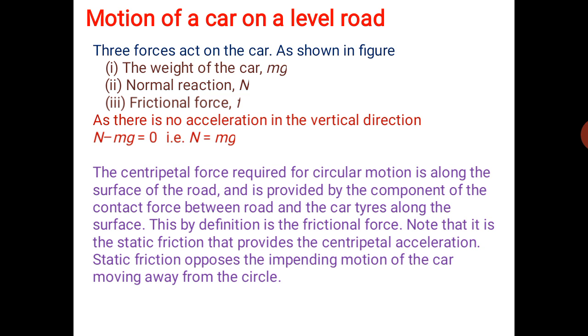This by definition is the frictional force. Note that it is the static friction that provides the centripetal acceleration. Static friction opposes the impending motion of the car moving away from the circle.